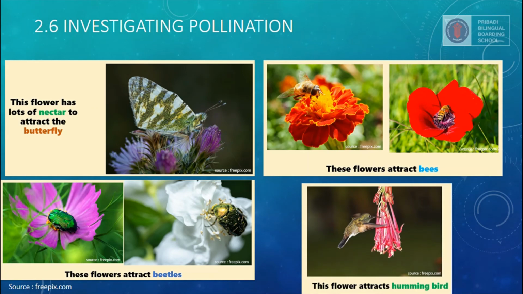So certain flowers will attract certain animals to pollinate. The animals that help in pollination, we call them pollinators. They can be butterflies, beetles, bees, or even birds.